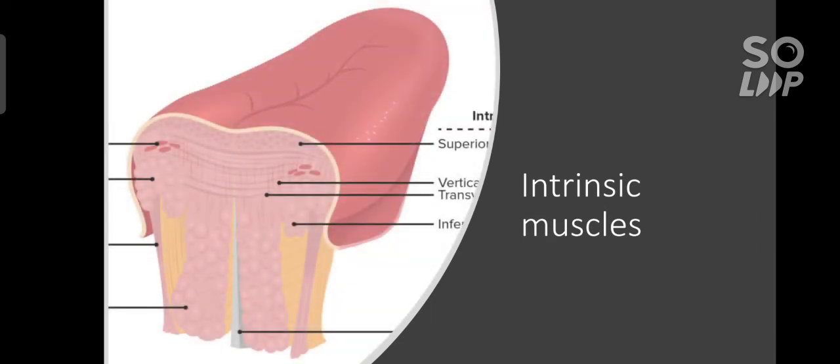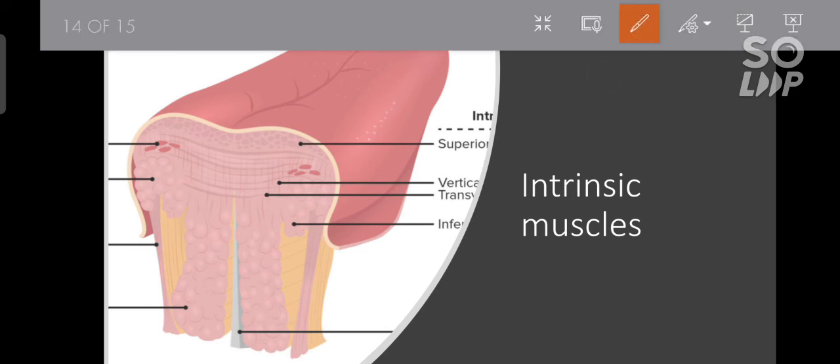We have a cross section here telling us what the intrinsic muscles are. So focus with me. The longitudinal muscles are here, which I'm pointing to in red. The direction of longitudinal muscle fibers is like this. They are called longitudinal.